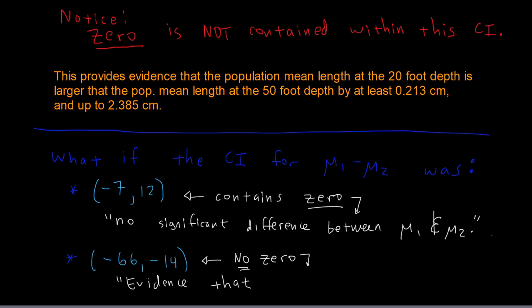So that indicates evidence that the second population mean is bigger than the first population mean. Now this doesn't prove it, this is evidence that supports this claim. So this is how we calculate the confidence interval for a difference in two means and a brief interpretation for the result we get.